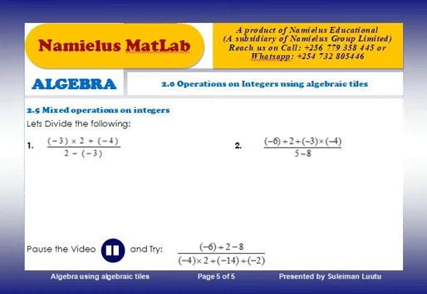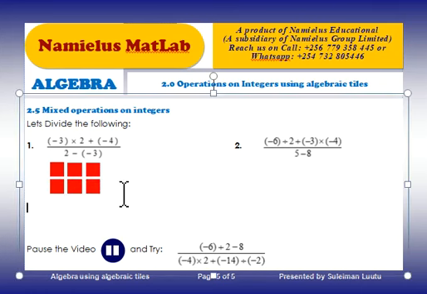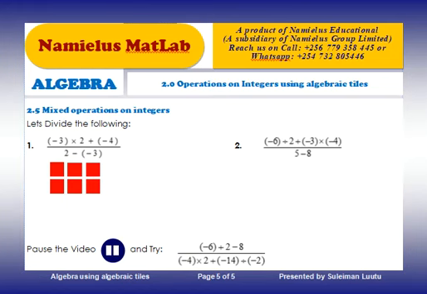So we are going to have -3, 2 times, which gives -6. And then we have to add a -4.